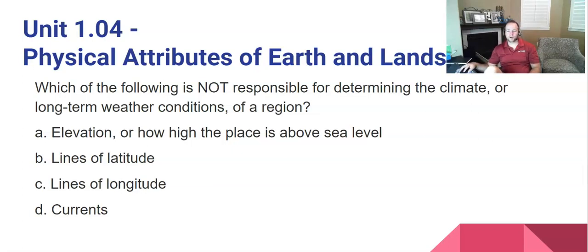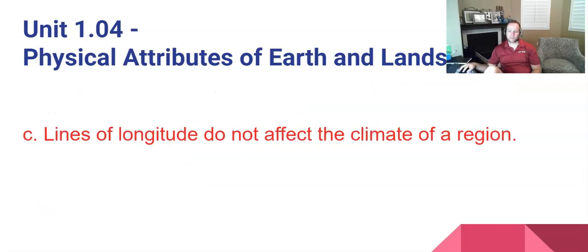And then the other one is currents. Okay, like ocean currents is what they're talking about. So basically, does warm water come in, and does that affect what your climate is? Okay. And so the correct answer is actually C. Lines of longitude do not affect climate. Okay. So all those other things that we talked about do affect climate.